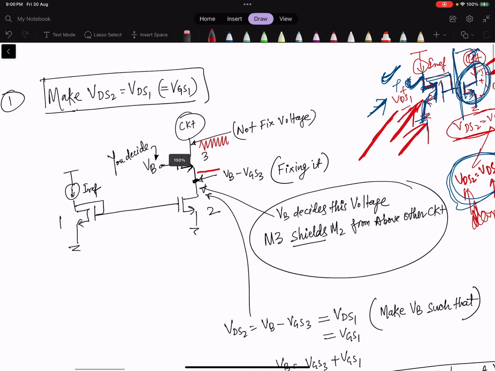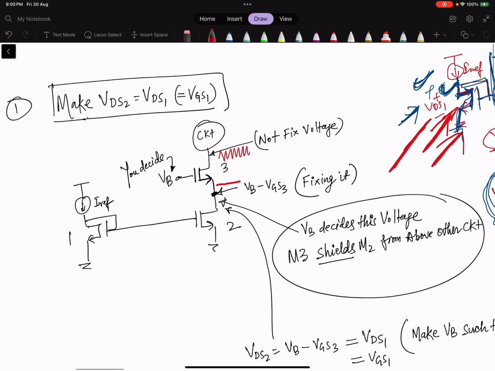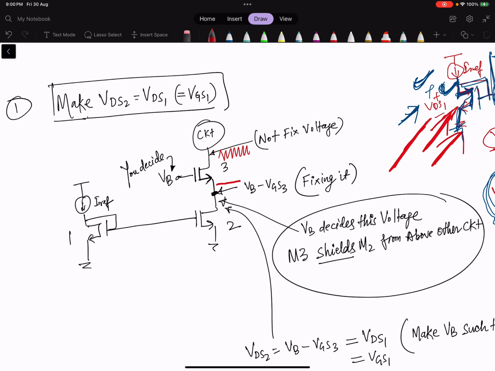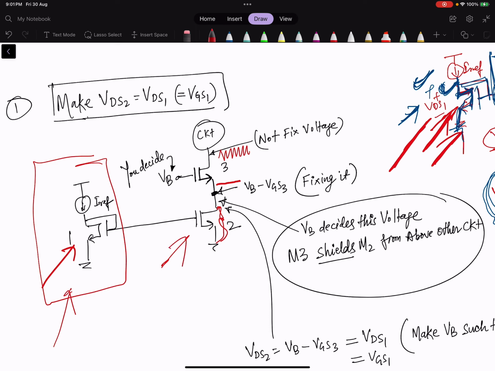So the purpose is to make this VDS the same as this one, and we are not changing anything here, we are making the change on this side. We want VDS2 to be the same as VDS1.